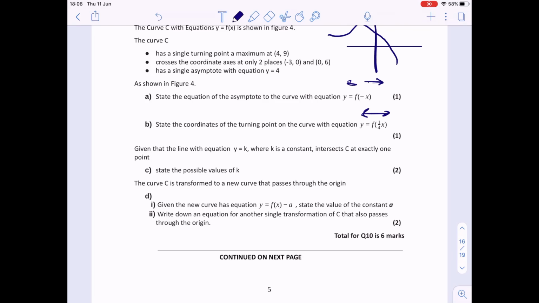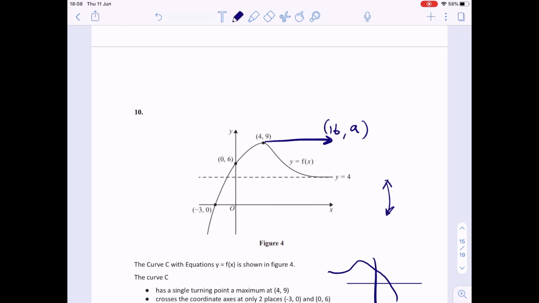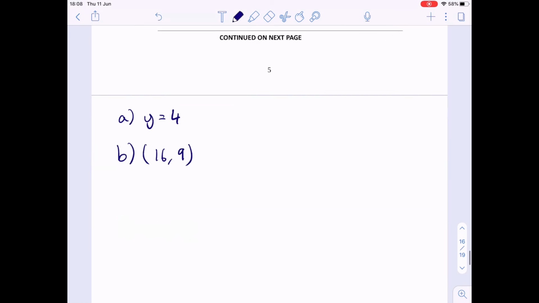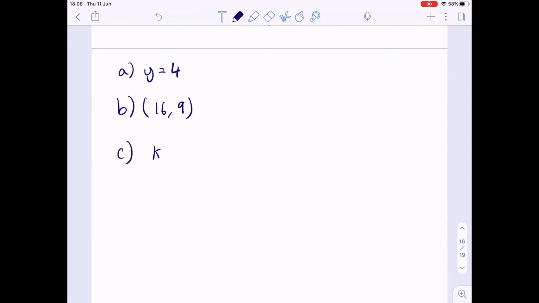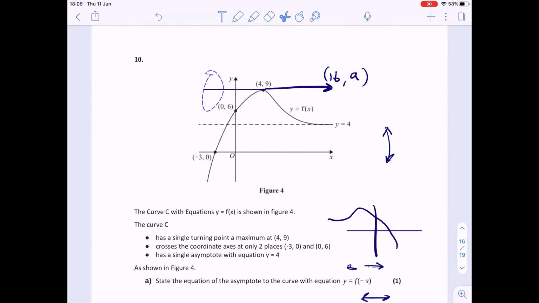Okay, given that the line with the equation y equals k, so that's going to be a horizontal line, where k is a constant, intersects C at exactly 1 point, state the possible values of k. Right, so it's going to hit at exactly this point here, at 9. So k could equal 9. And then every bit below that value, it's going to hit 2 points until we get to this asymptote.